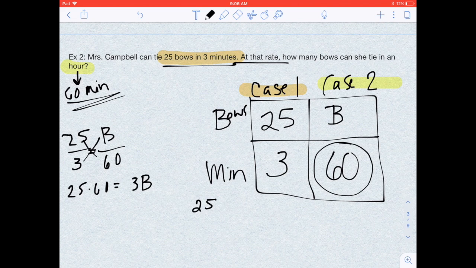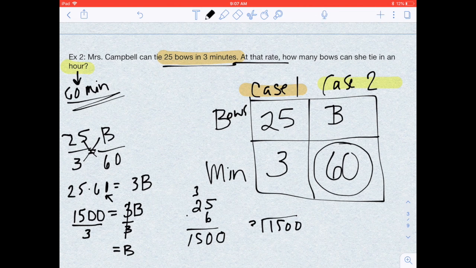So what I can do is do 25 times 6 and then add a 0 at the end, because there's a 0 here, right? 5 times 6 is 30. 2 times 6 is 12 plus 3 is 15, so 1500 equals 3b. So now I need to divide both sides by 3 to get the b by itself. So I end up with 1500 divided by 3 equals b.